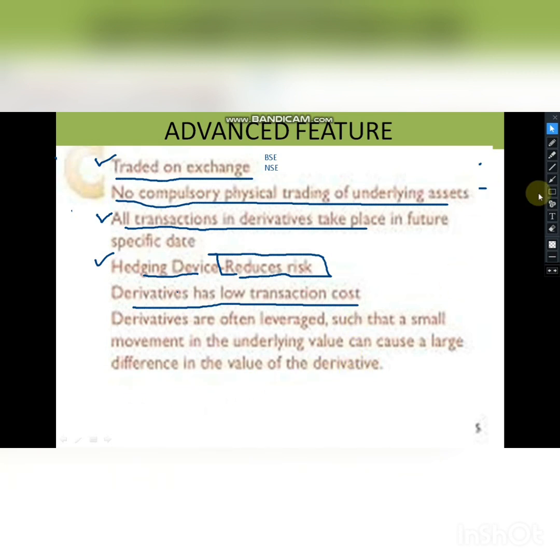Definitely, because I have already told you about this, the value of derivatives is completely dependent on the underlying asset.